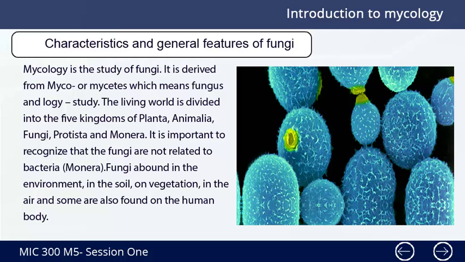It is important to recognize that fungi are not related to bacteria, monera. Fungi abound in the environment, in the soil, on vegetation, in the air, and some are also found on the human body.